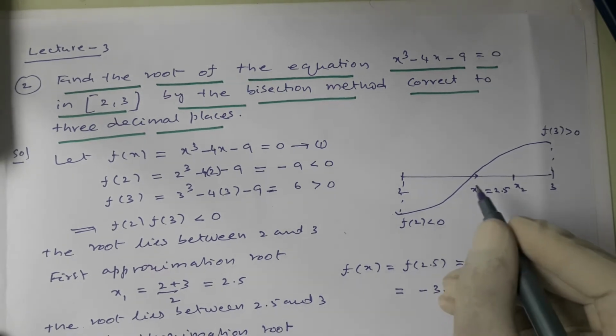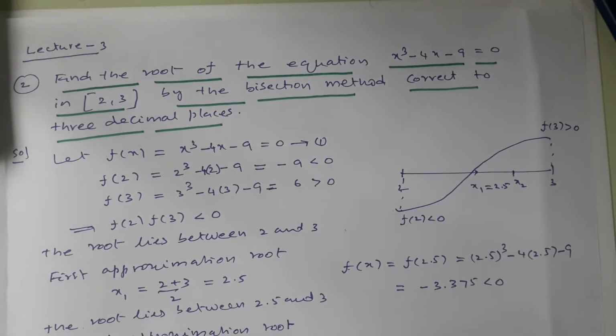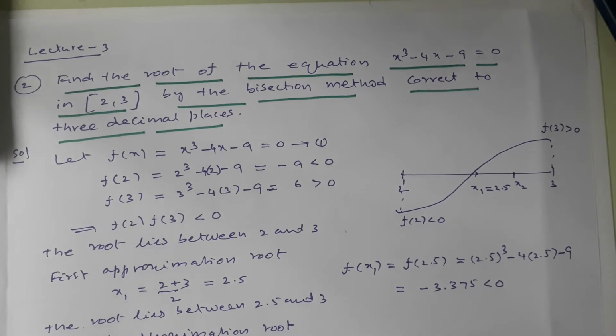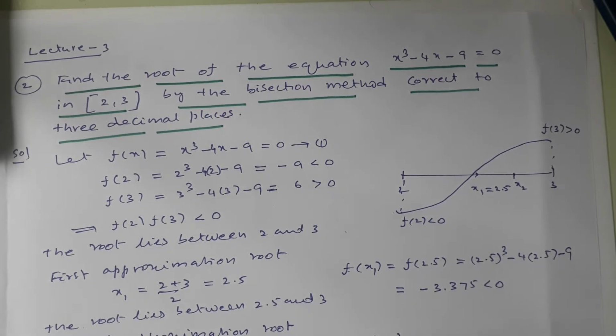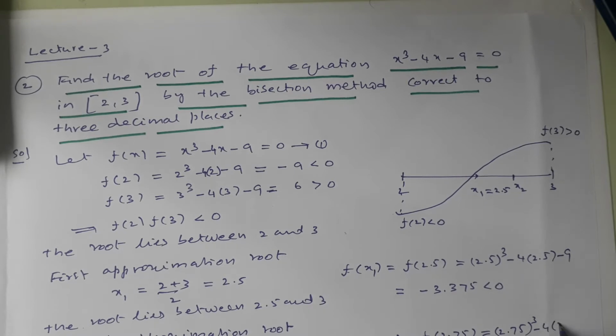In the previous problem it was all on the left side, and now it is on the right side. f of x2 is equal to f of 2.75, which is 2.75 whole cube minus 4 into 2.75 minus 9. The simplification is 0.7969, which is greater than 0.